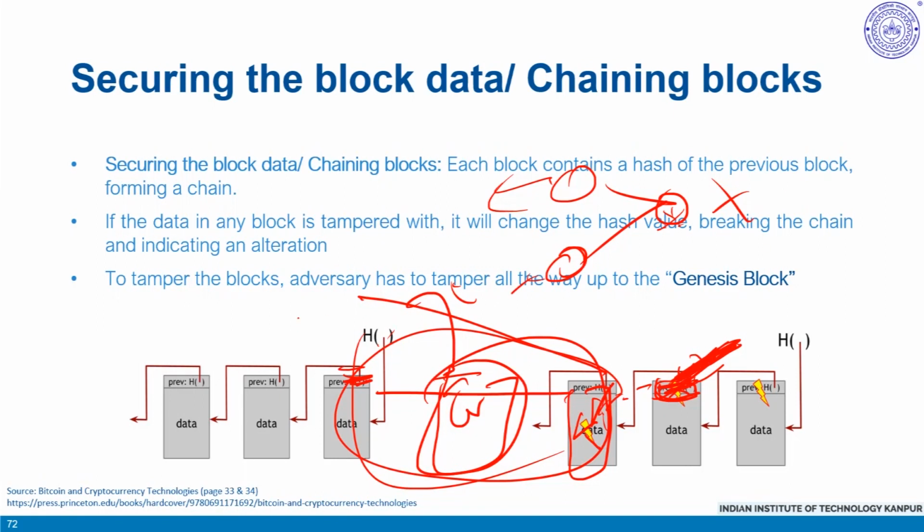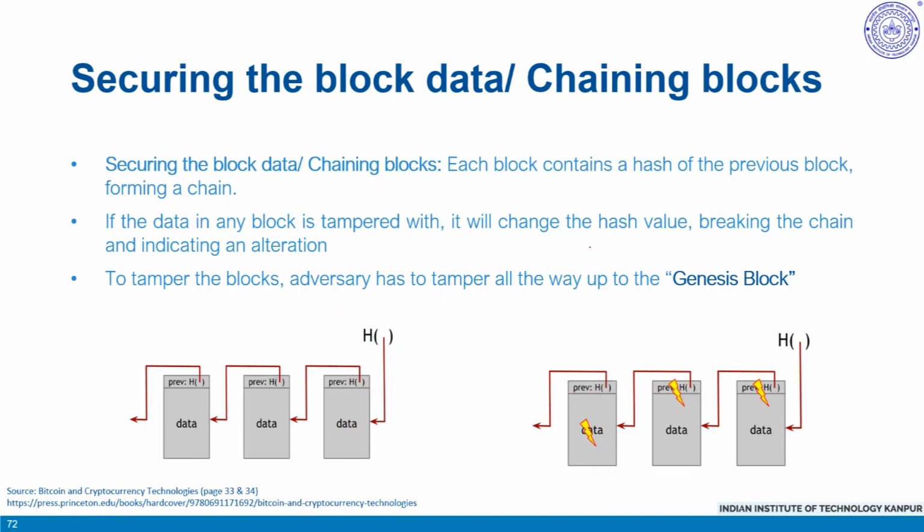And the upshot of this is that if the adversary wants to tamper with the data anywhere in the chain, in order to keep the story consistent, they have to tamper with the hash pointers all the way back up to the beginning, and they are ultimately going to run into a roadblock because they won't be able to tamper with the head of the list, the final head for which we have secured, and we have kept somewhere, the information of this header.